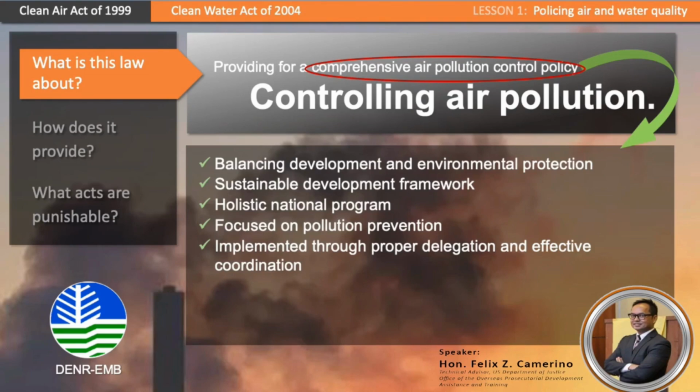Okay, there may be cases where there is a need to tap a government agency or an instrumentality of the government as a force multiplier for some of this function.